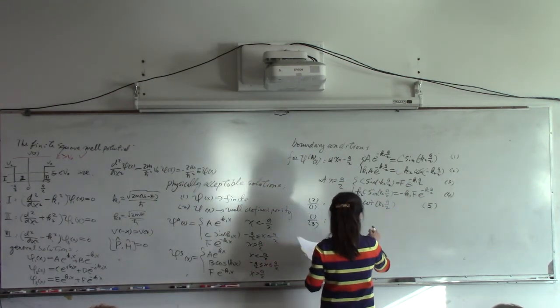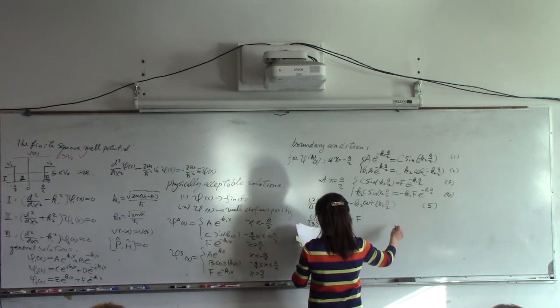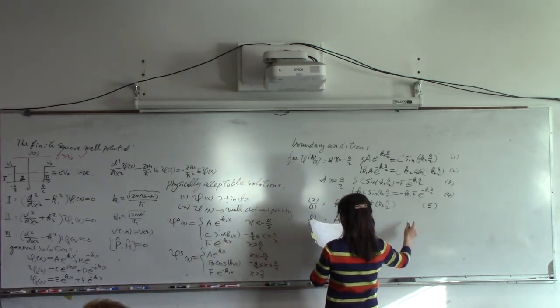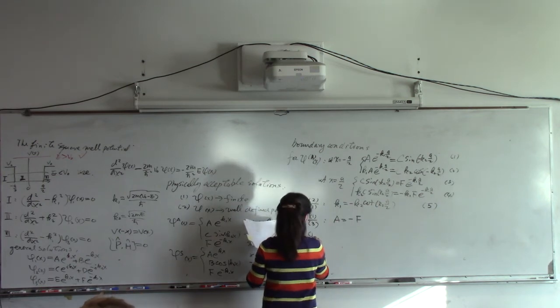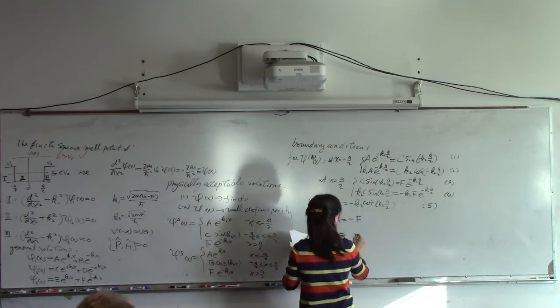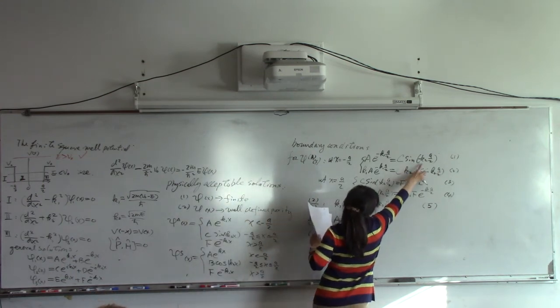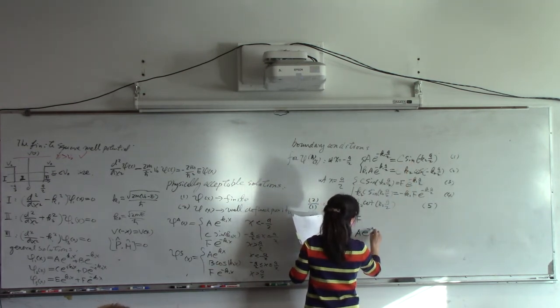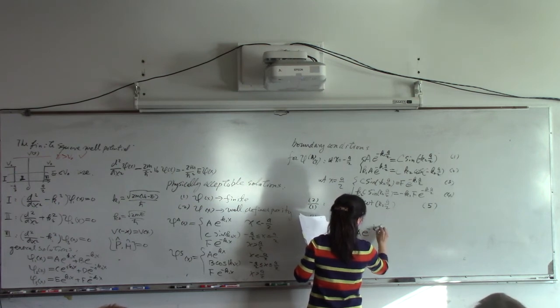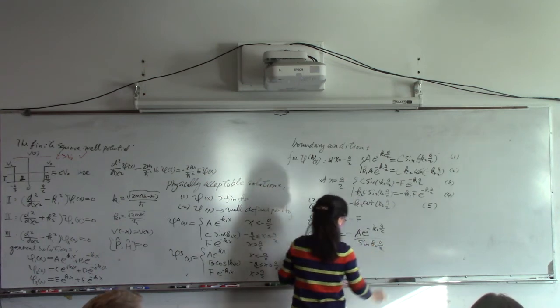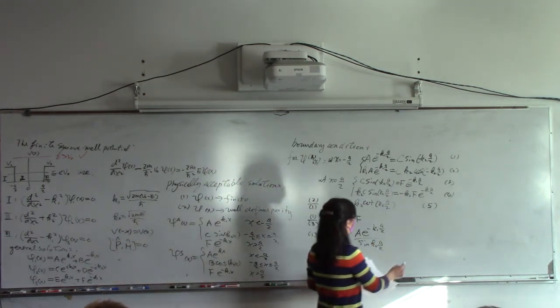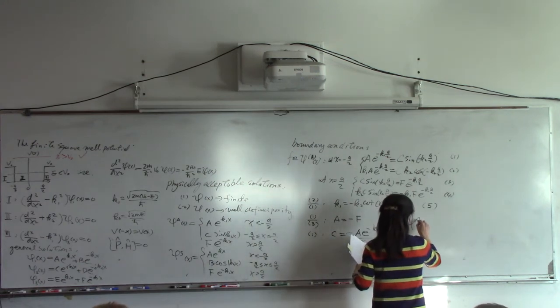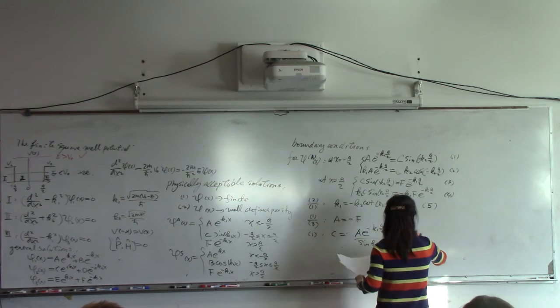Now with this one, from 1 we can also find C. We have a minus, sine minus alpha is minus. C is minus A exponential K1 a over 2 divided by sine K2 a over 2. So finally, now we can have this antisymmetric.